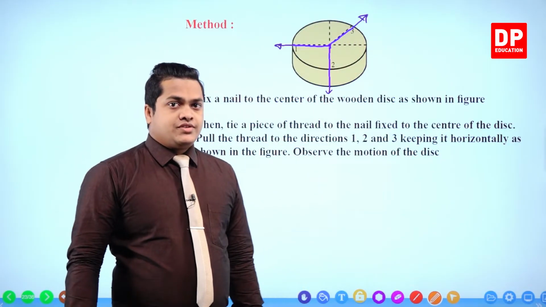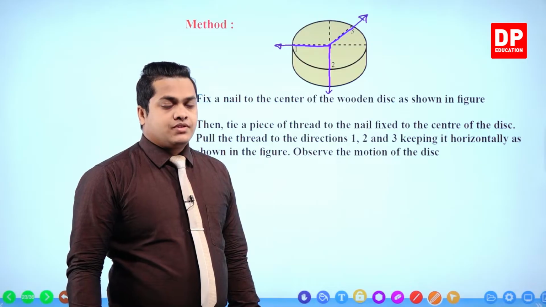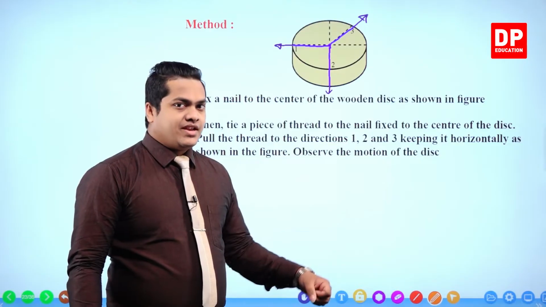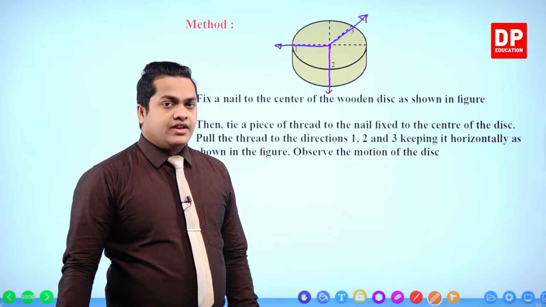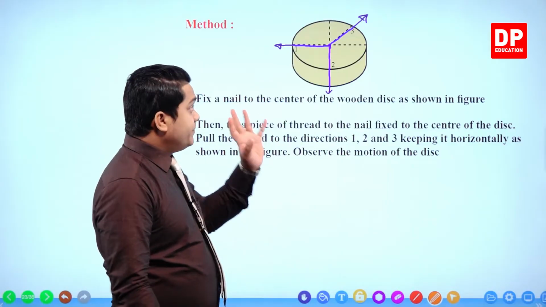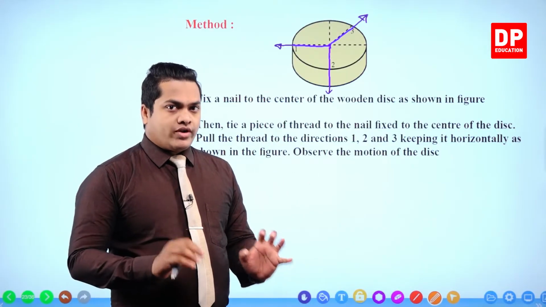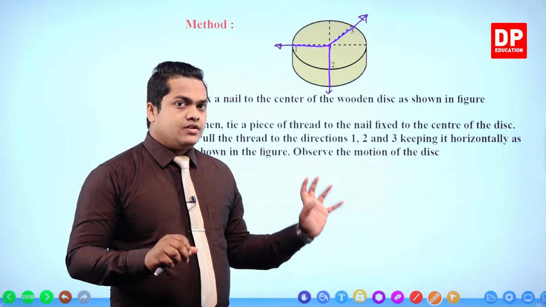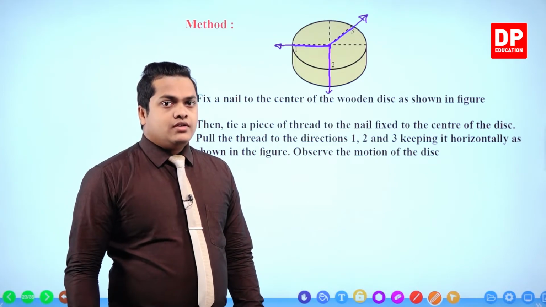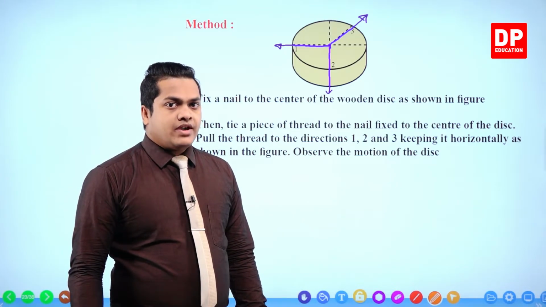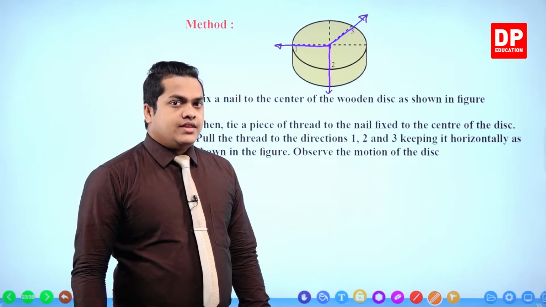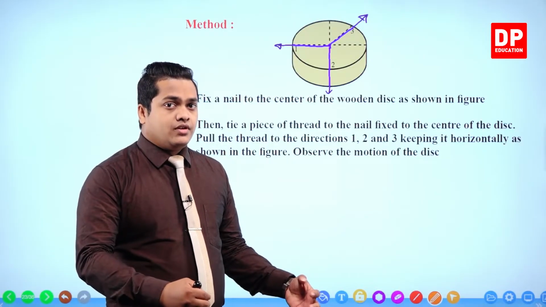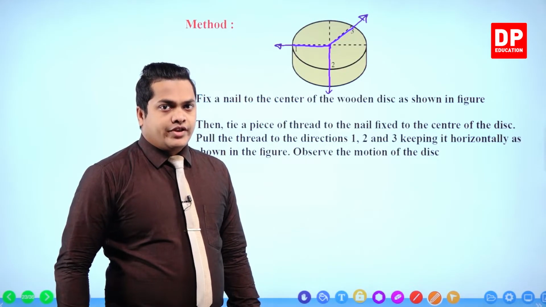On three different occasions you have to pull the wooden disc using the thread, according to the figure, and observe in which direction the disc is going to move.